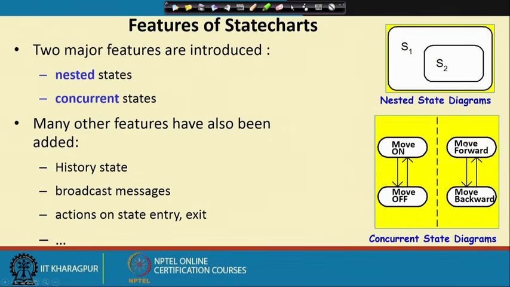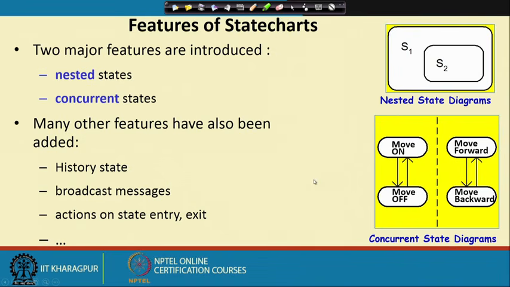Just see that the state machines are becoming independent and therefore, the combinational explosion that was occurring there is stopped here in the state chart, because these are independent. The state variables are shown in the concurrent state, that is at the same time it can have the state change occurring from forward to backward and on to off and so on.